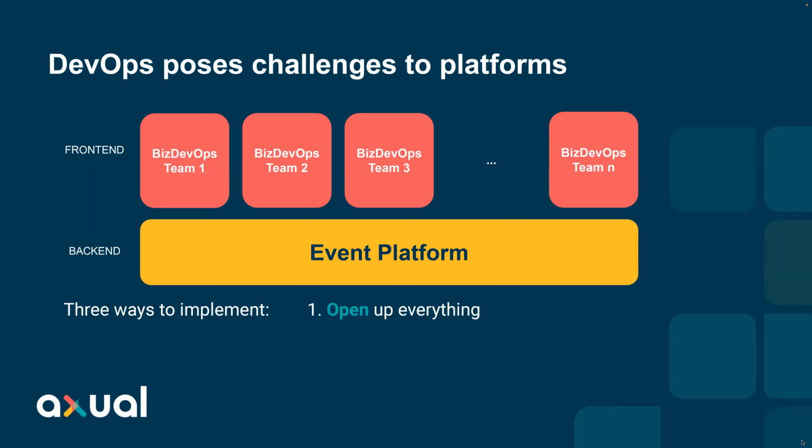Typically there are 3 ways to implement such a platform. First is to basically open up everything. This means that the event platform itself just becomes a transport mechanism. Anybody can communicate with anybody without too much interference. Each party can just set up communication, agree with somebody else on that same communication, and the event platform will facilitate that.